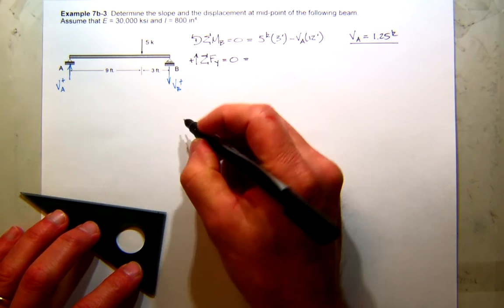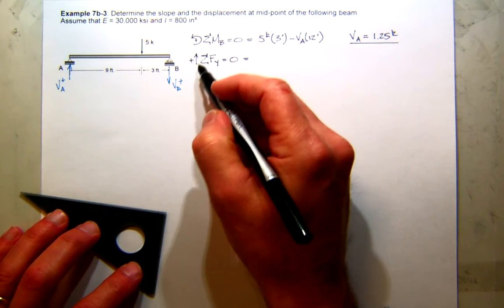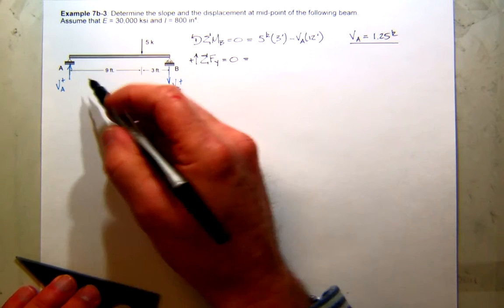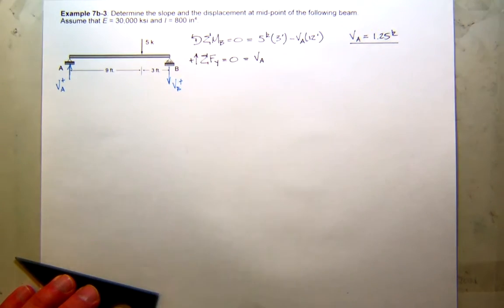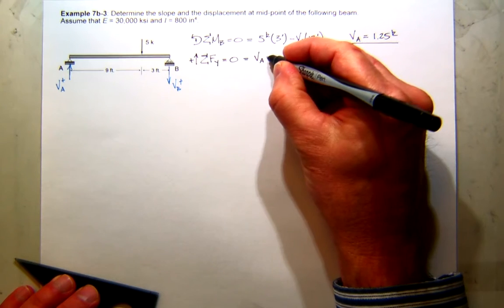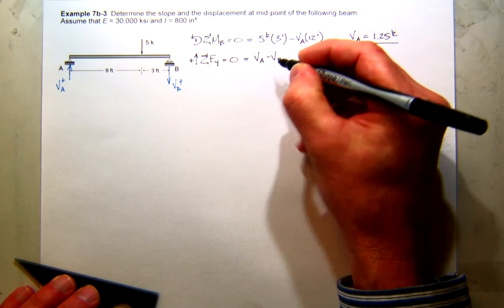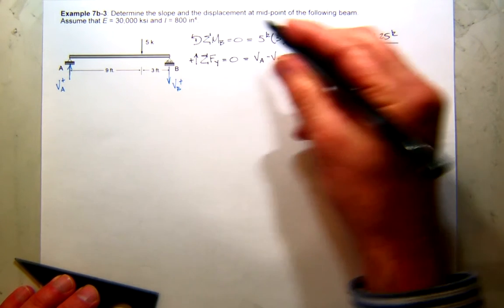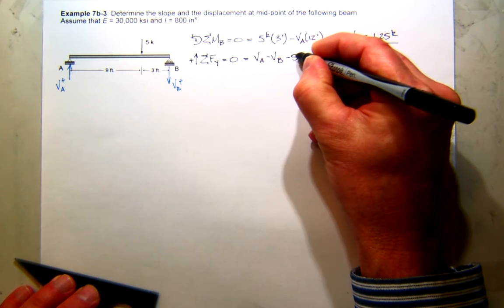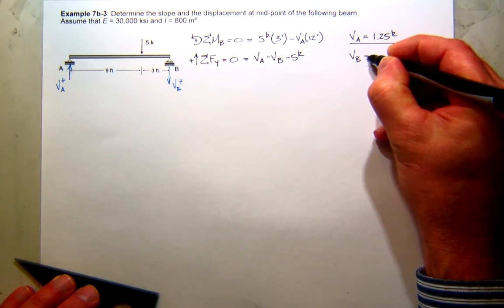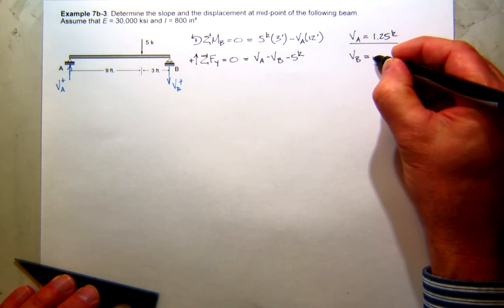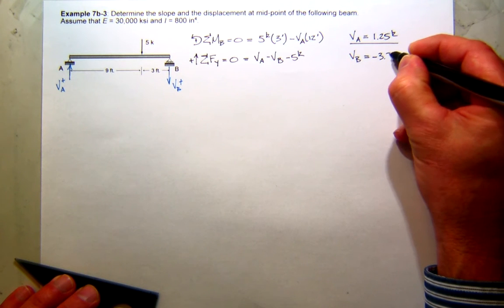And when I do that, I should be able to find the shear at B. So I'm going to assume up is positive, so my shear force at A is up. My positive shear force at B is down, so that would be negative. And my load, my 5-kip load, is down. That is also negative. So when I solve for the shear at B, it looks like I get negative 3.75.